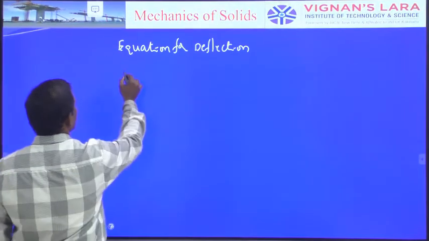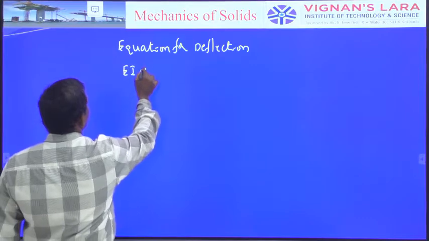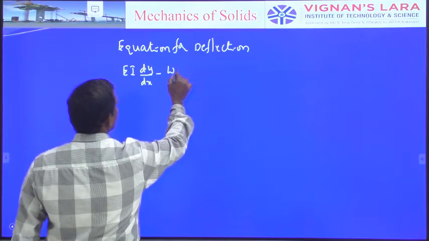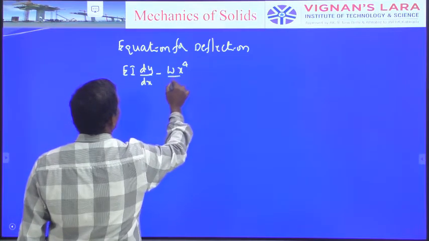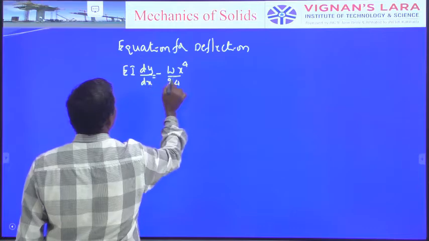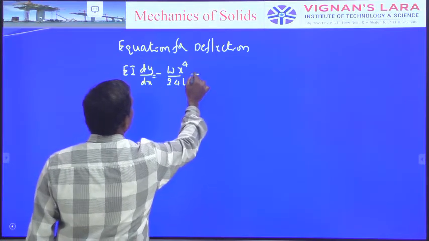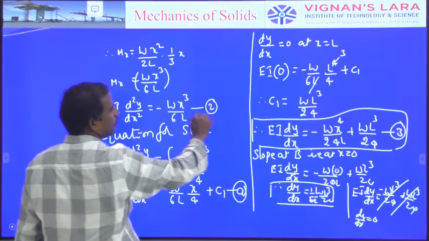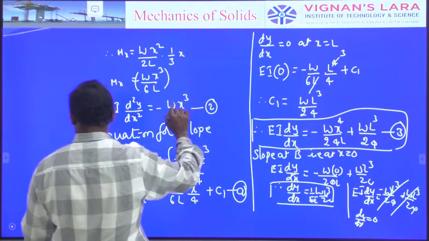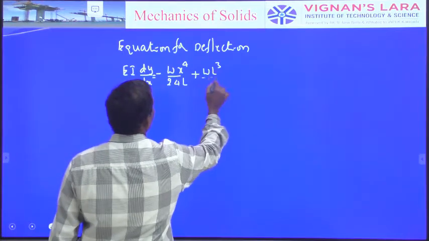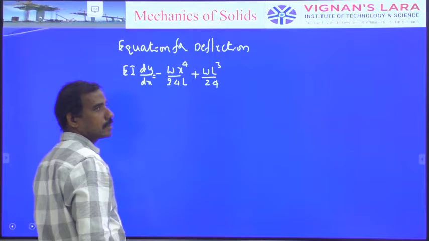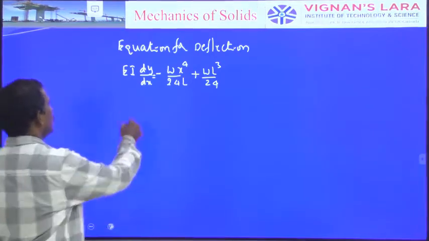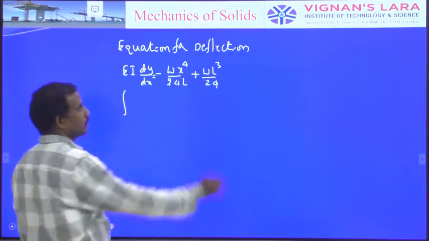plus WL cube by 24. This is equation number 3. If you integrate this equation once again, you will get the deflection.